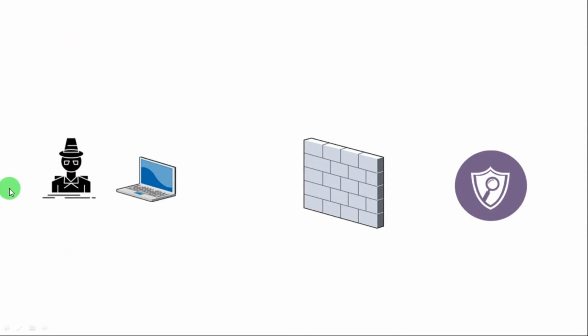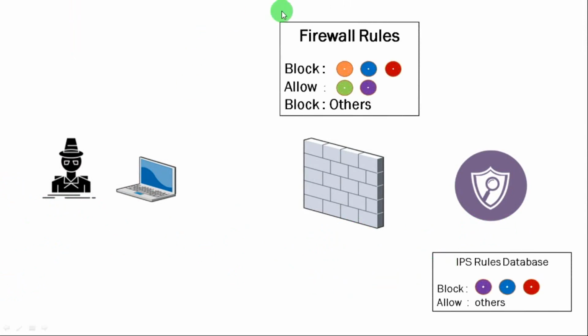In this picture, we have an attacker, a firewall and an IPS. The firewall has its own database for blocking and allowing the network packets, and the IPS also has its own database for blocking the malicious packets. Also note, the firewall has only one allow list in the database, to allow only two types of packets, and it has two types of block list.